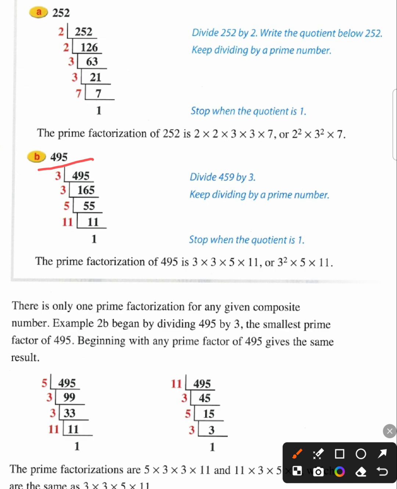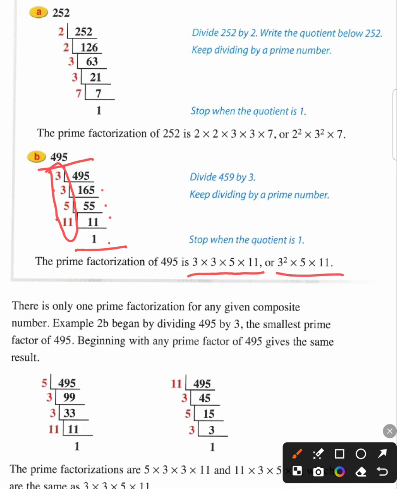So 495 divided by 3 is 165. Divided by 3 is 55. 55 divided by 5 is 11. And 11 divided by 11 is 1. So we are at the end. The prime factorization will be 3 times 3 times 5 times 11, or 3 to the power of 2 times 5 times 11.